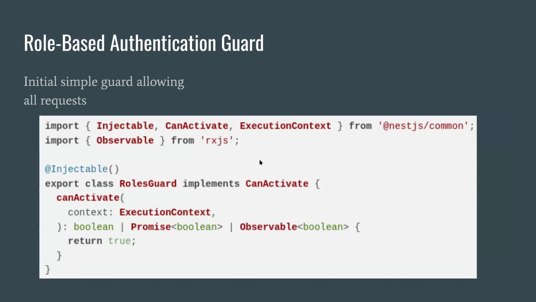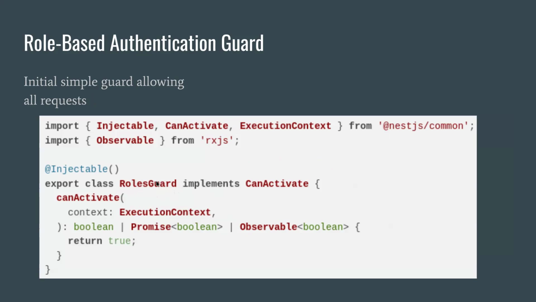Moving on, we're going to look into the role-based authentication guard. So here is a basic implementation of the roles guard, and this guard permits access based on user roles.